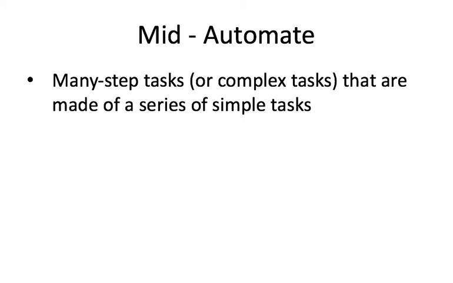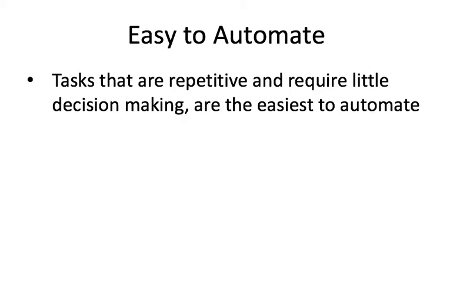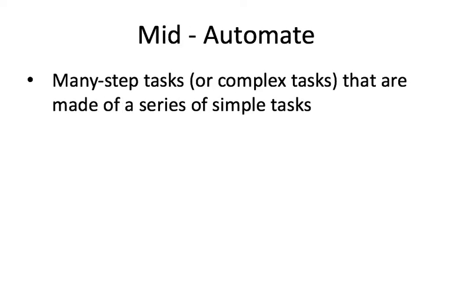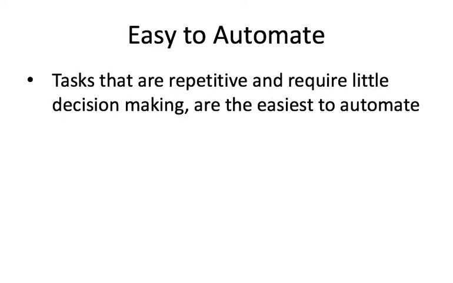So after they've automated the simple repetitive tasks that require little decision making, the next thing they go on to is tasks that they can break down into simple tasks.